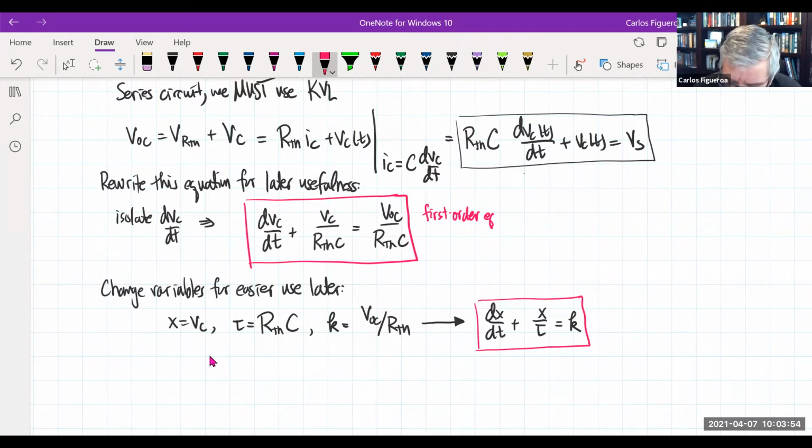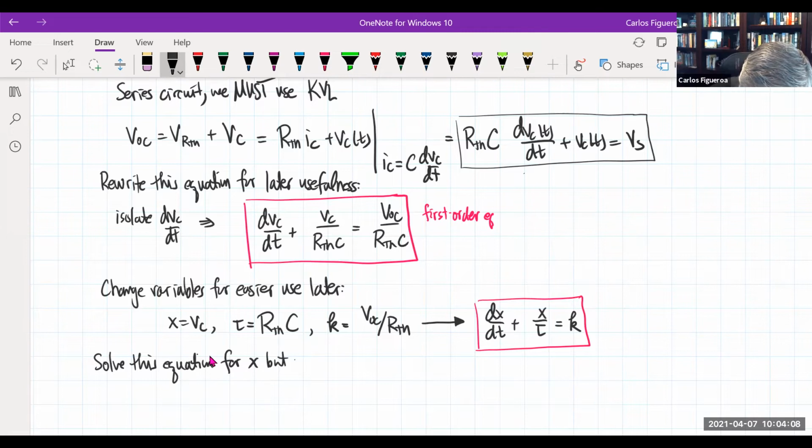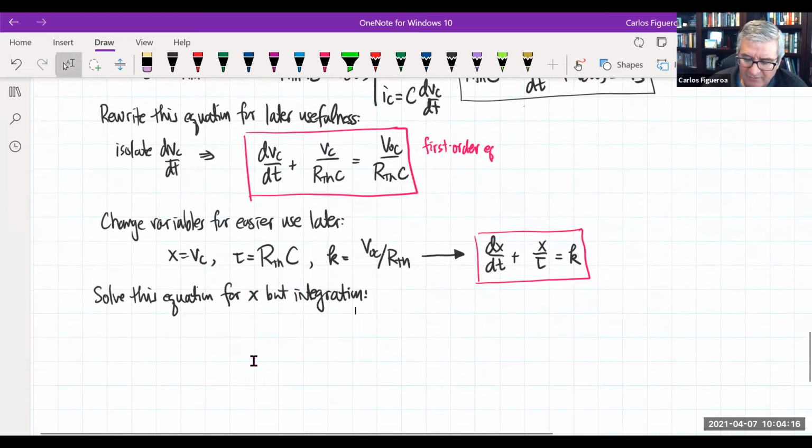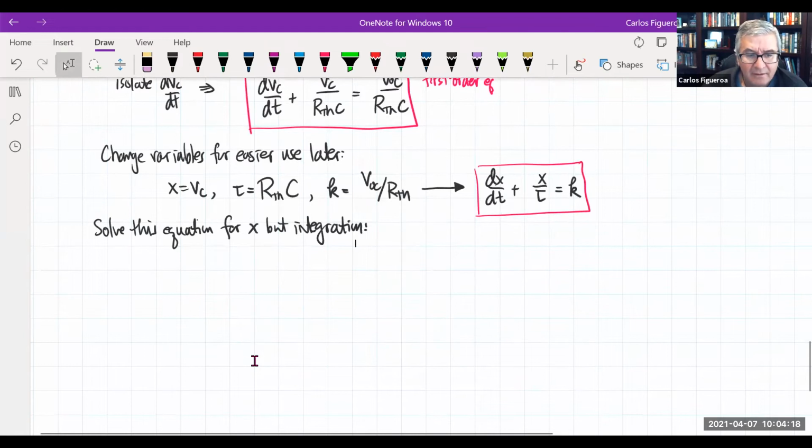So what I'm going to do here is that I want to solve for x here by integration, right? This is an integral equation. So what am I going to do? I have to isolate x.